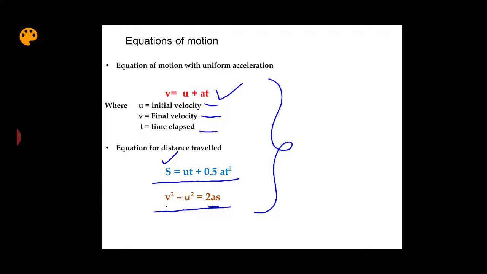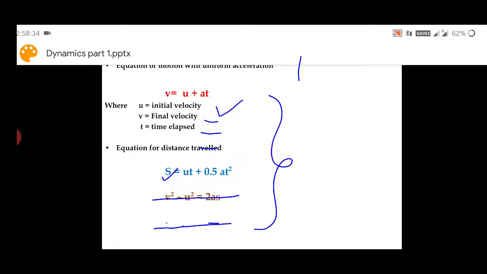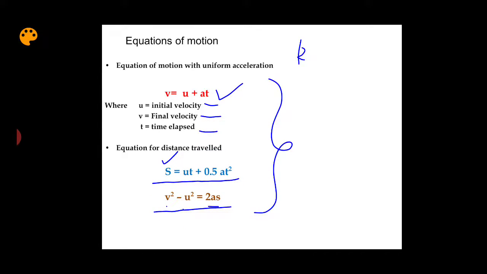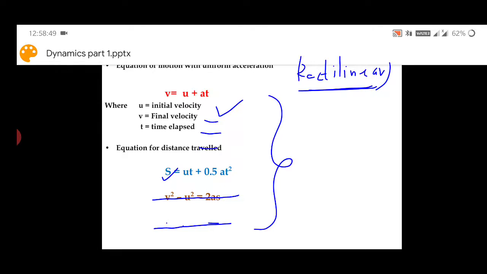Now in kinematics we have to study rectilinear motion. So rectilinear motion is the body which is moving in a straight line or in a linear direction.